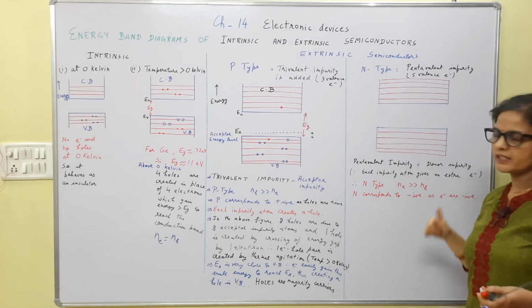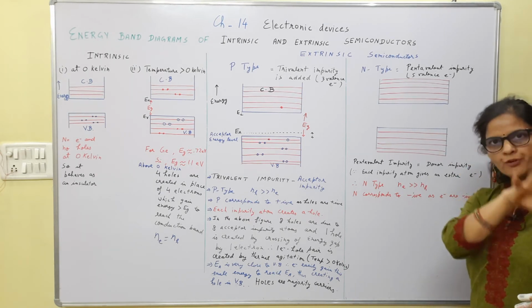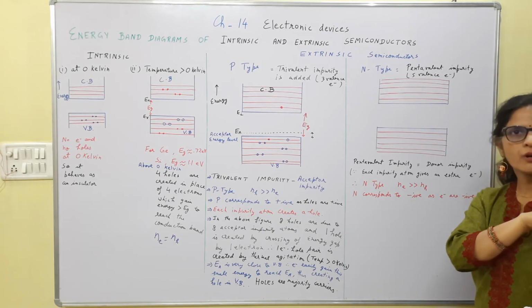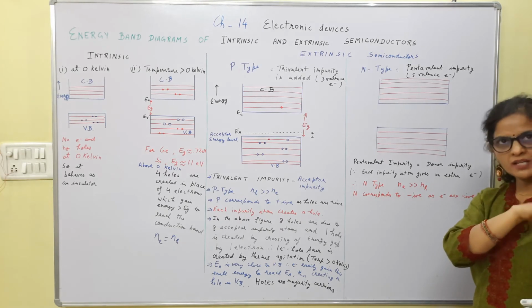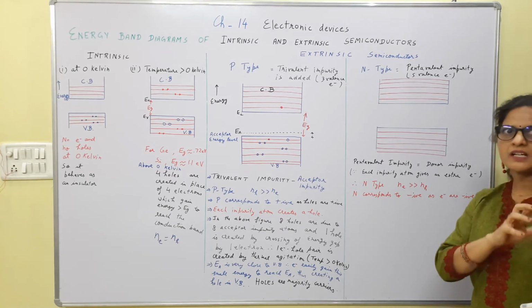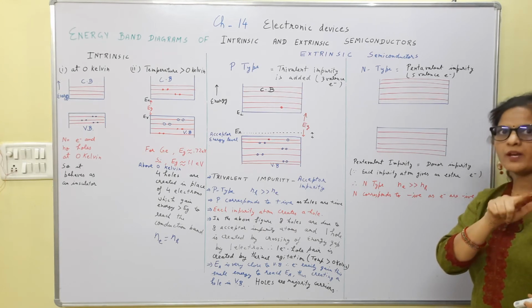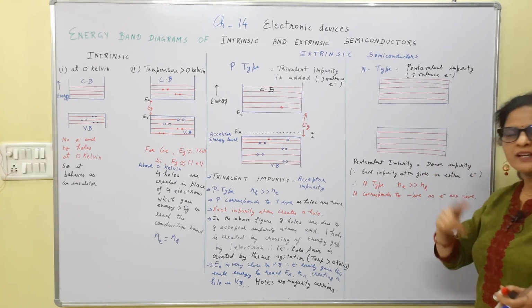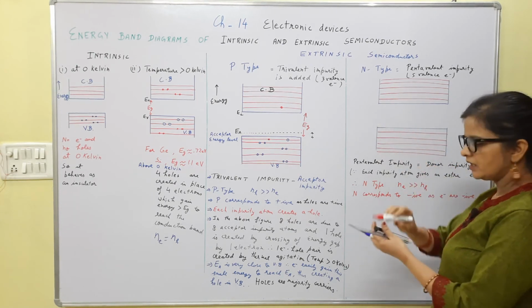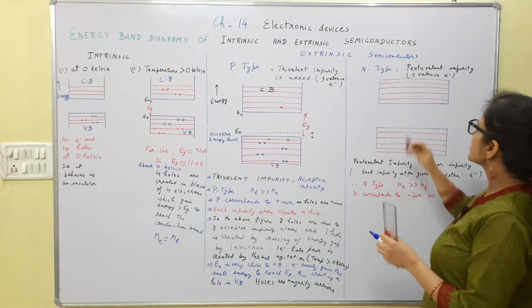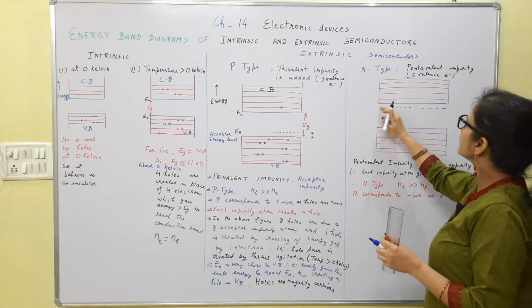Now, we have already studied in the previous video that this fifth electron is extra. So the 4 electrons which are covalently bonded to the 4 silicon atoms, or you can say the 4 pure semiconductor atoms, are seen as core electrons. So this way the fifth one is loosely bound and it can be freed easily. So this easily attains a level which is very close to the conduction band.